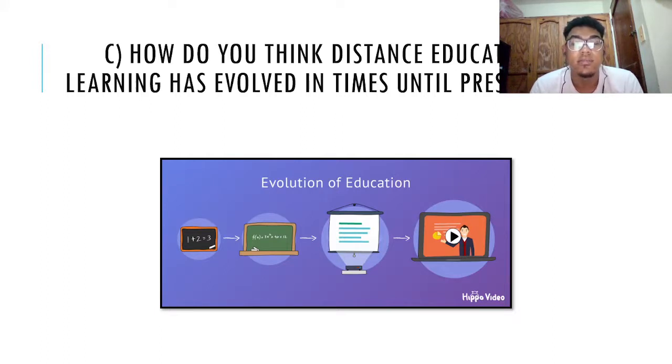However, this doesn't represent a benefit for everything, because some areas of knowledge, especially practical ones, will always need presence to be fully learned.